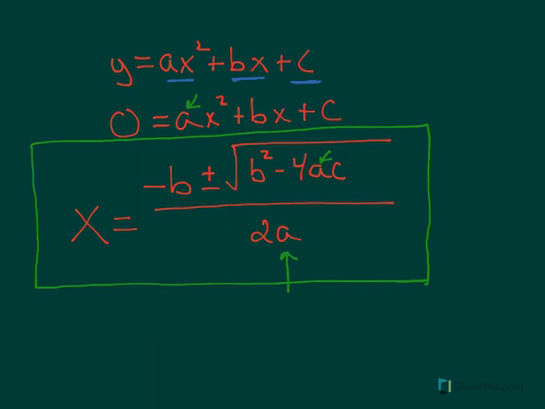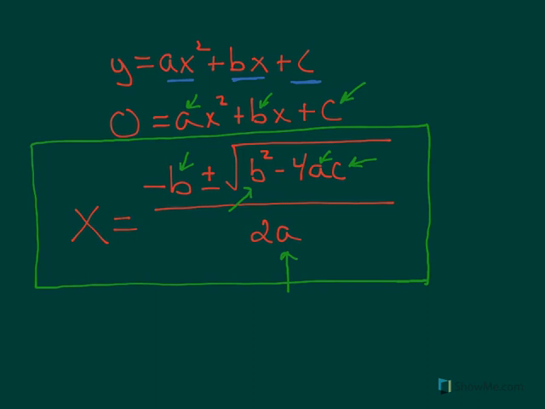You're going to need to know what your b value is, because you're going to put that into the formula wherever you see the b value. And you're going to need to know what your c value is, because you're going to need to put that into the formula wherever you see the c value in the formula. So it looks kind of long and complicated. It takes a little bit of practice to get through it. But we will do a few examples and show you how to get through these.